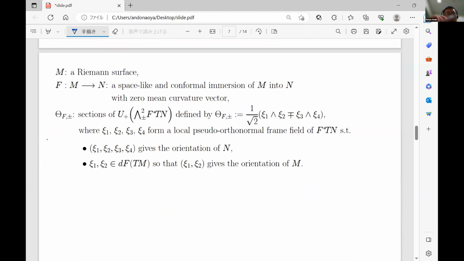Let M be a Riemann surface and F a space-like and conformal immersion of M into N with zero mean curvature vector. Then F gives its space-like twistor lifts. These are sections of the space-like twistor spaces associated with the pullback bundle, defined by this.